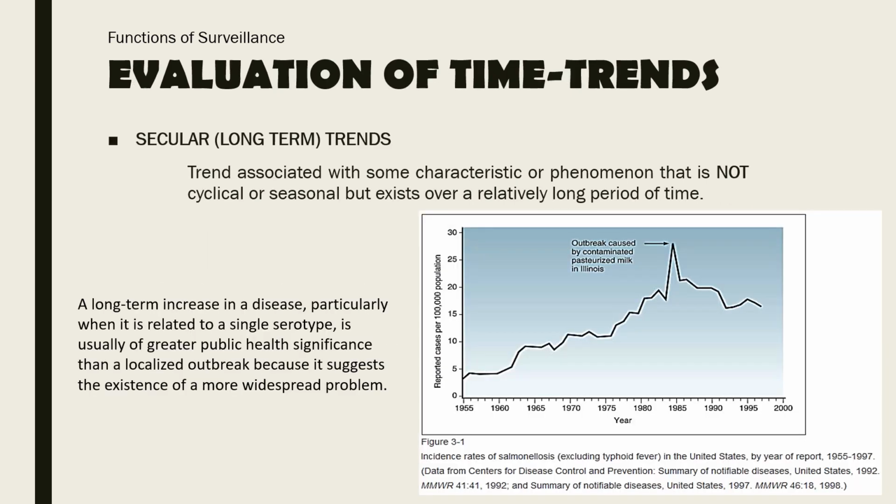Secular or long-term trends are associated with some characteristic or phenomenon that is not cyclical or seasonal but exists over a relatively long period of time. So for example, a long-term increase in a disease, particularly when it is related to a single serotype, is usually of greater public health significance than a localized outbreak because it suggests the existence of a more widespread problem.